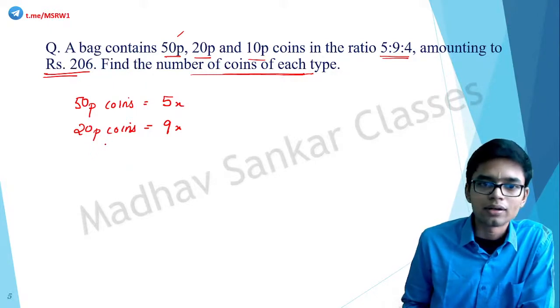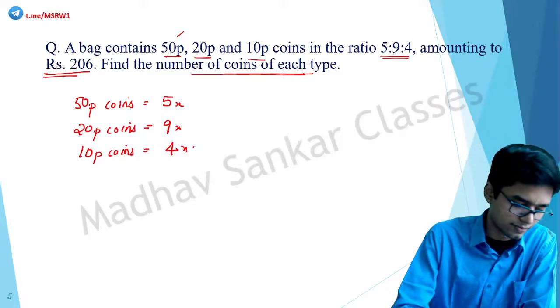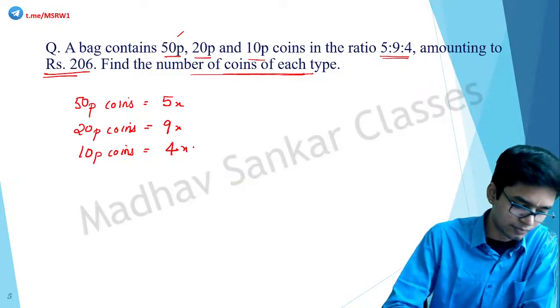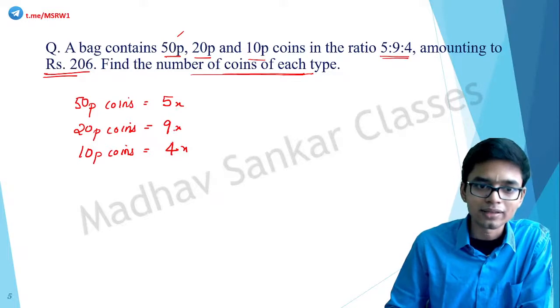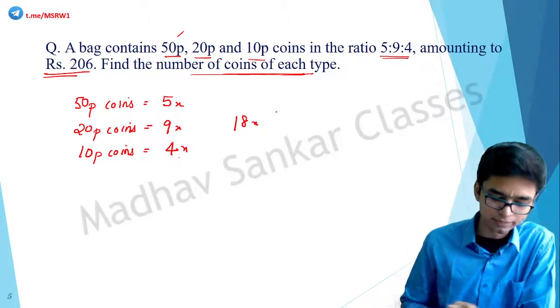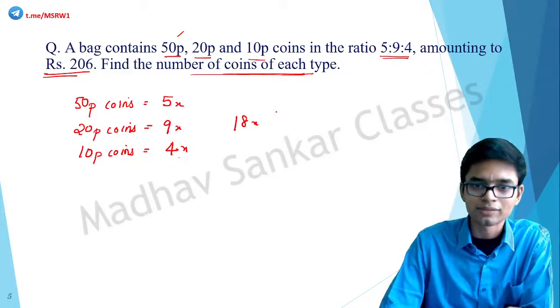Now, 10 paise coins is equal to 4 parts. Okay, so totally how many parts are there? 5 plus 9, 14 plus 4, 18x. This is the total. Let that be there. Not much important for us.